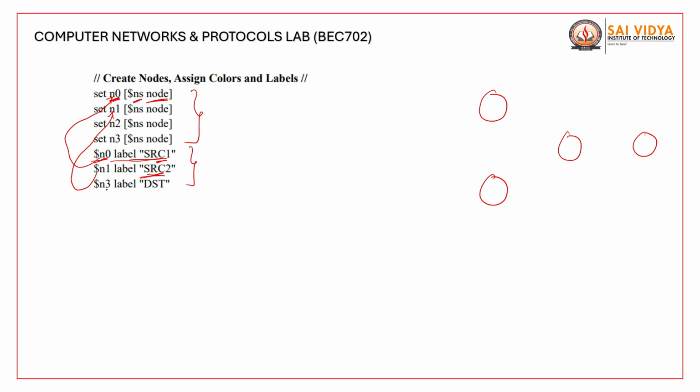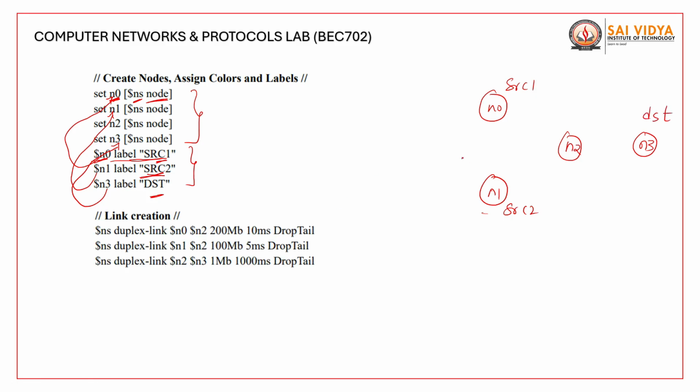And $n3 is nothing but your destination node here. So that is why here n0 is source 1, n1 is source 2, n2 is the intermediate node and n3 is the destination. So after this, we have to establish links between these nodes.